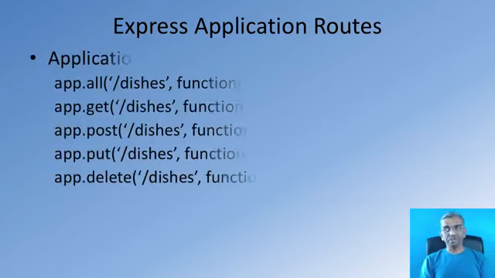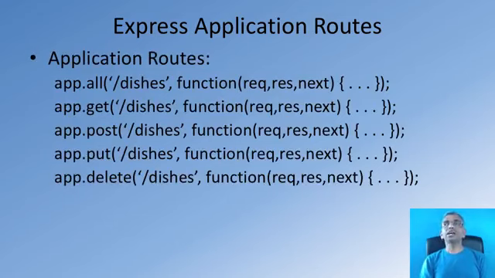Within Express, the various application routes can be defined using app dot and the various methods. So app.all specifies an operation that needs to be done for all the various verbs on an endpoint. For example, in this example, the endpoint is defined by /dishes.